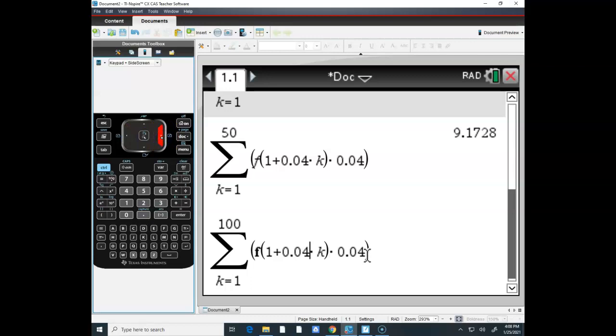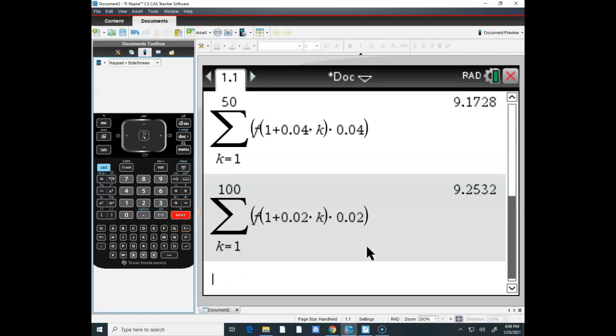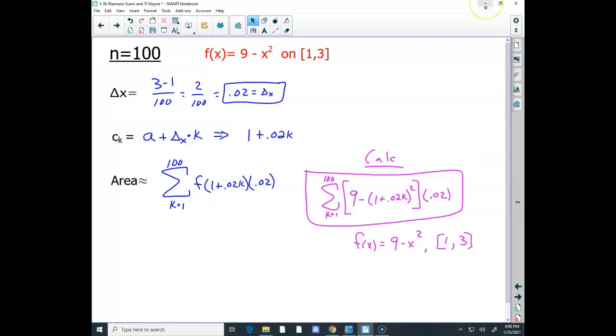Now it's 0.02. This is my width change, 0.02. This is going to approximate now with 100 rectangles. And 9.253 I get. Okay? So this is approximately equal to 9.253.